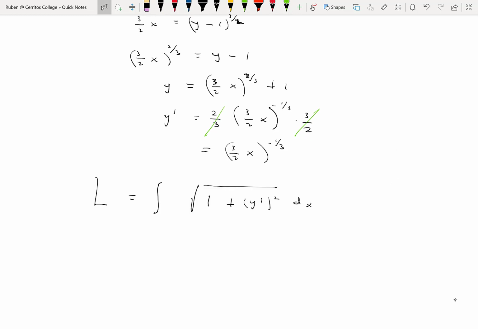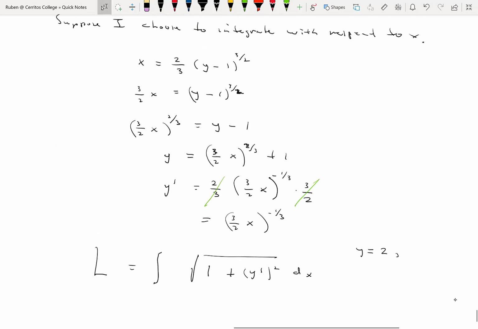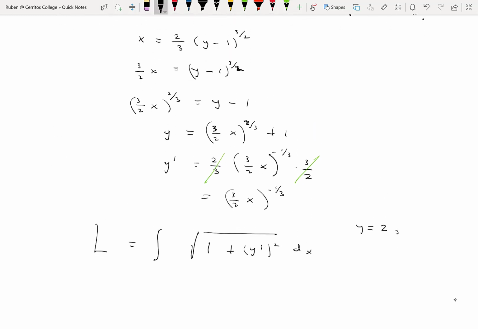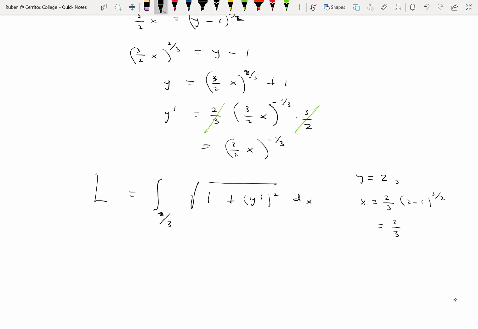If y equals 2, then x equals 2/3 times 2 minus 1 to the 3/2, which is 2/3. So the lower limit of integration is now 2/3. Limits of integration have to be x limits since we're integrating with respect to x.